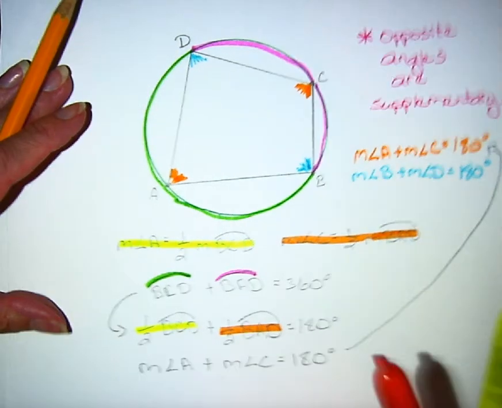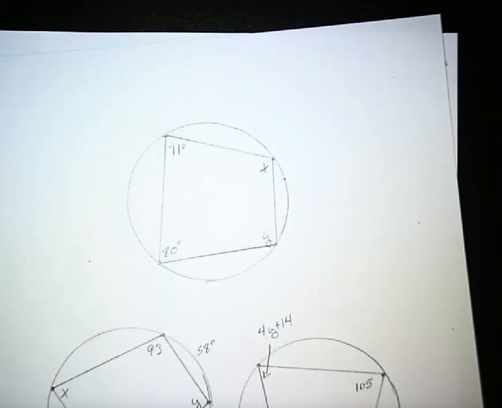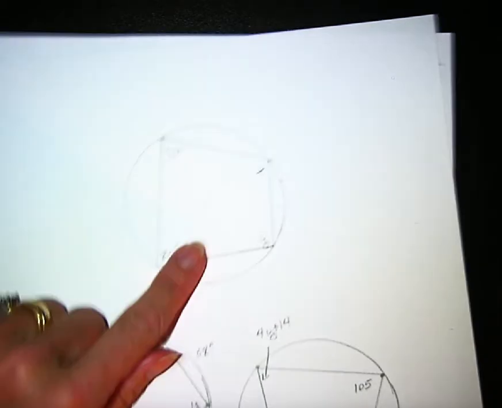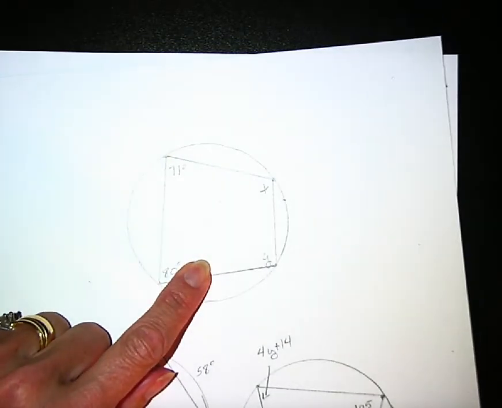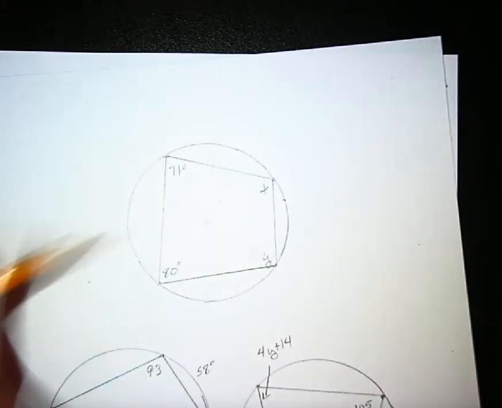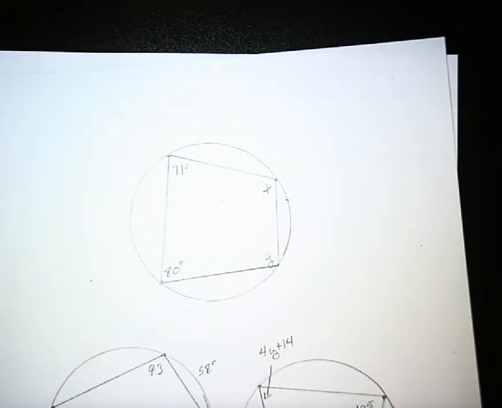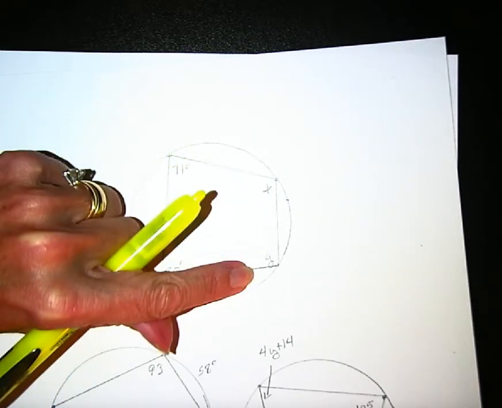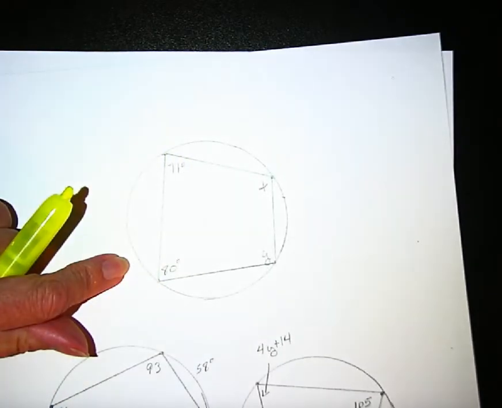So now let's look at a couple of problems that you have to use this principle to solve. Okay, so let's look at this first one that I drew right here. It looks like I have to find x and I have to find y, and I have an inscribed quadrilateral.